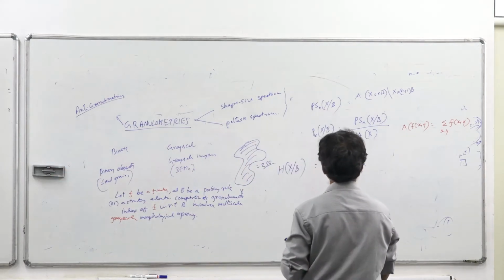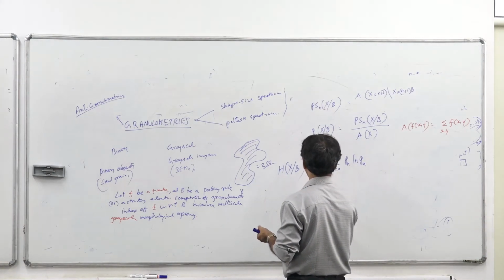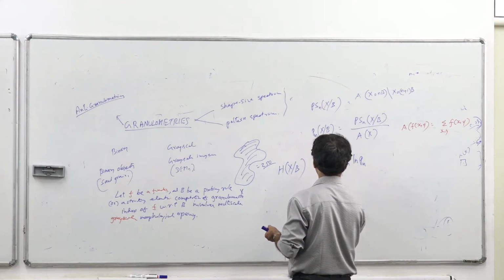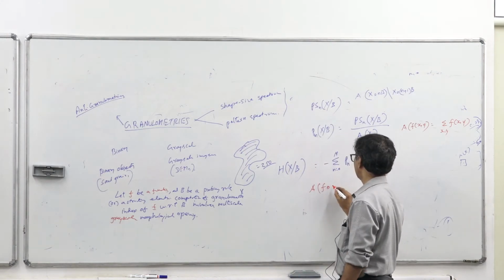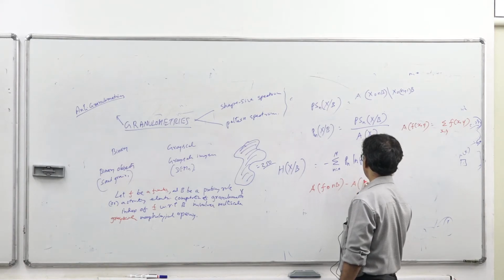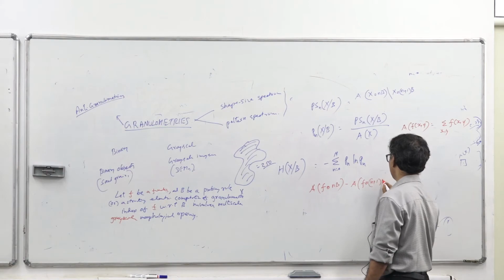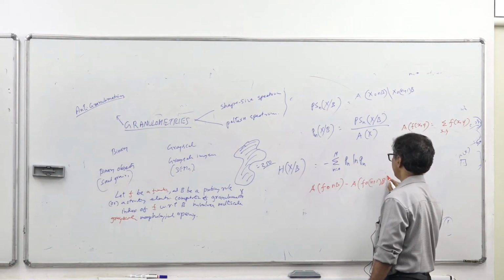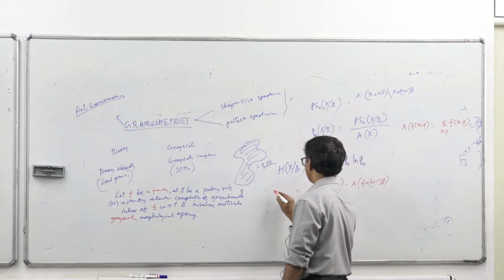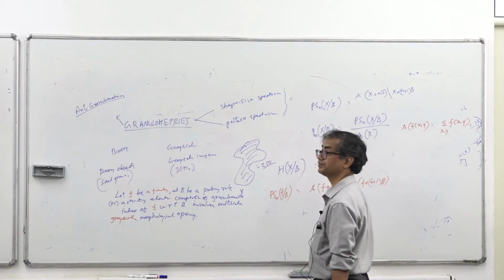But in the grayscale case, the same equations apply: the area of the opening of the function by n size b, minus the area of the opening of the function by n plus 1 size b. This is telling you about the pattern spectrum of nth order of f with respect to b.